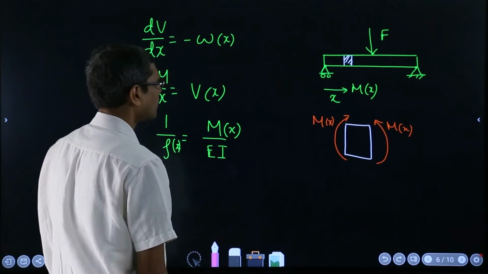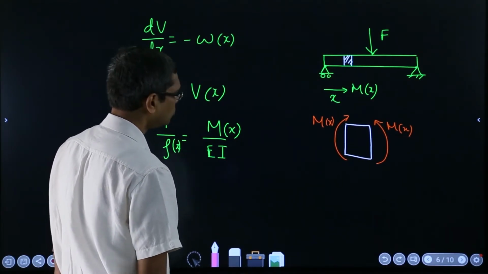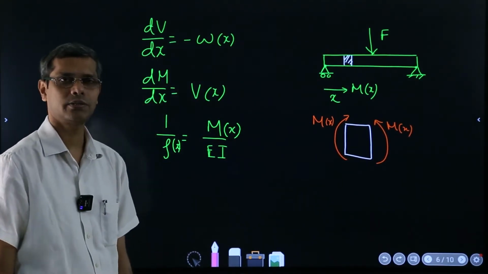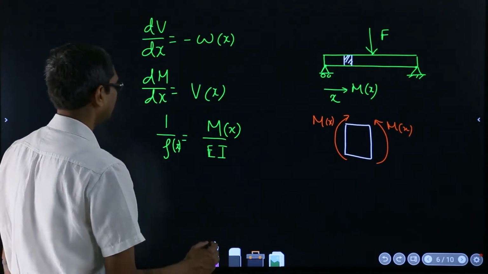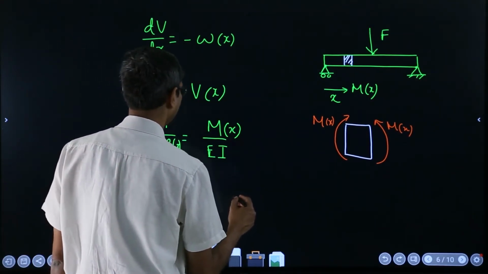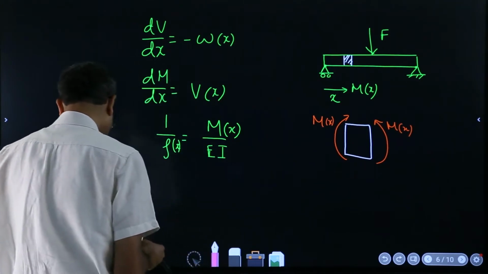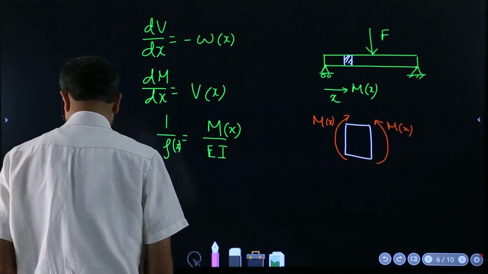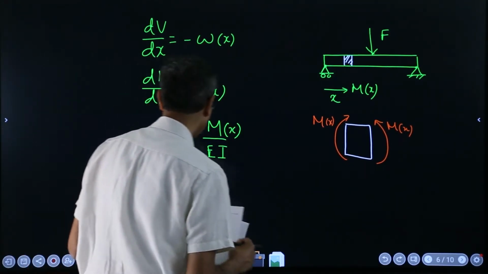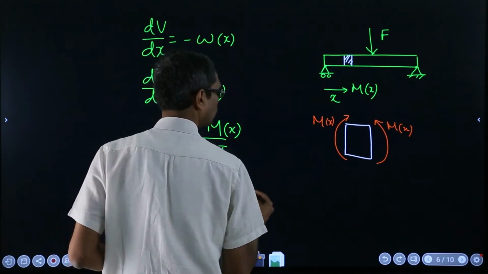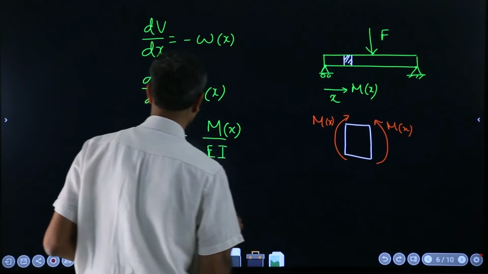But then we also know from differential geometry the curvature. So 1 over rho, I will write it here.